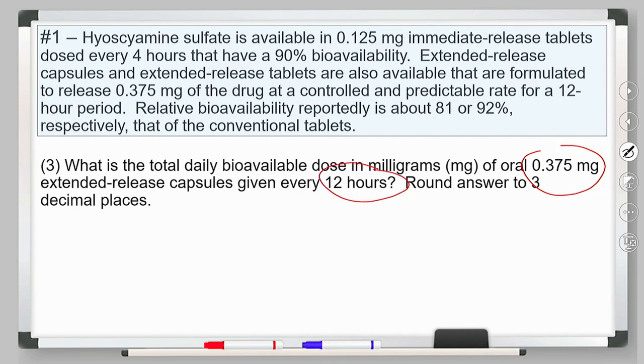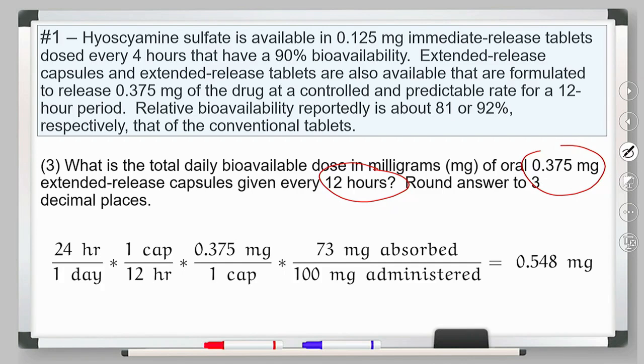So go ahead and do the same thing we did for the immediate release, but make sure you're using the new strengths and the new number of doses per day and its unique bioavailability factor that we just calculated. And tell me, what is the total daily dose? I'm hoping it's as close as possible to the original immediate release, but it certainly will not be the same. Clearly it will be less, since the bioavailability is less.